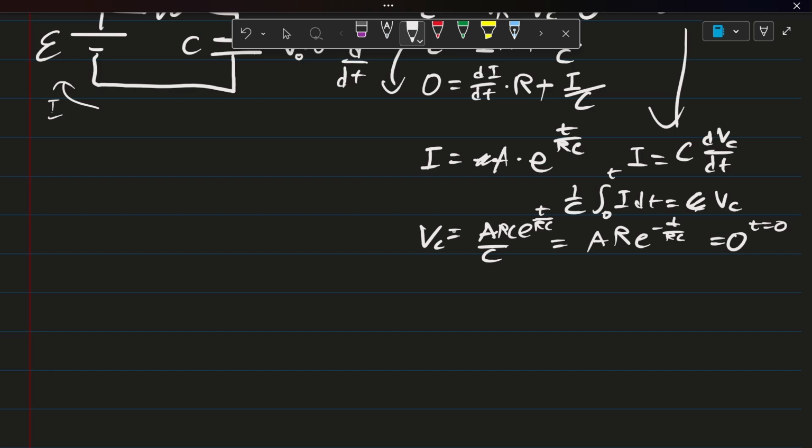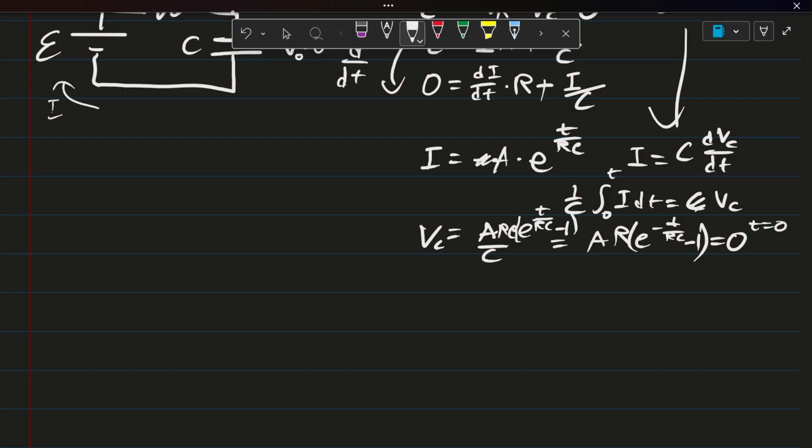So it's that guy minus 1. So if you apply t equals 0, the Vc would be 0, right? So putting it in, it should all be 0. It makes sense. So we know that the voltage between these is 0.